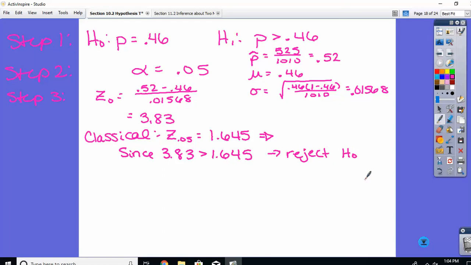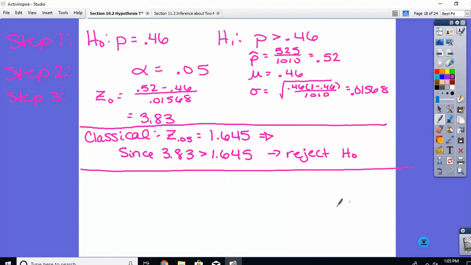Why would we reject that? Because they said it was supposed to be bigger than 3, and since it wasn't bigger than 3, but if that was a different way, like you said, it was going to be less than that. So basically, at the 0.05 level, we found that 95% of the data should be 1.645 or below. We got something bigger than that, so it's outside that window, so we reject.